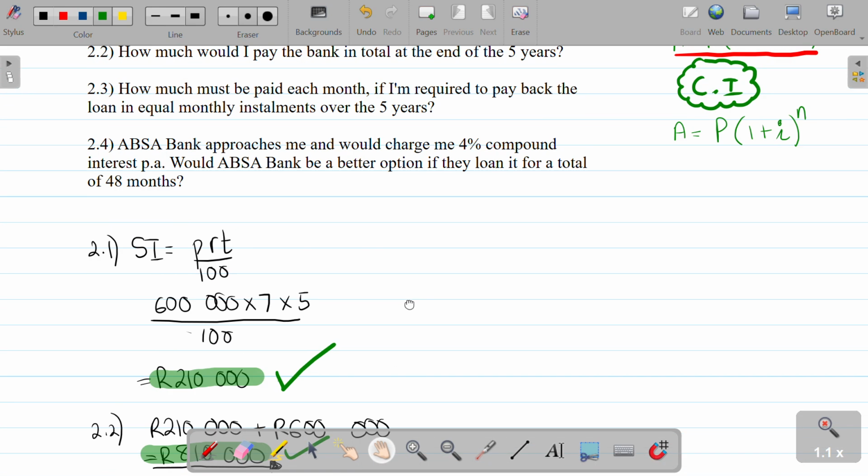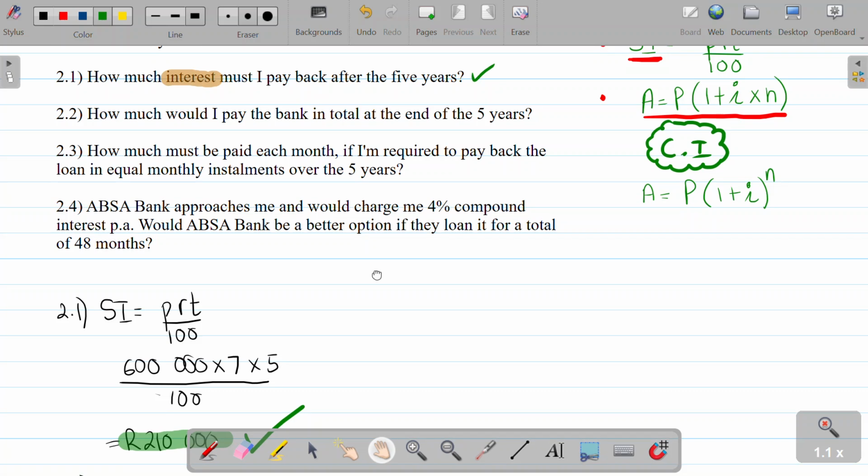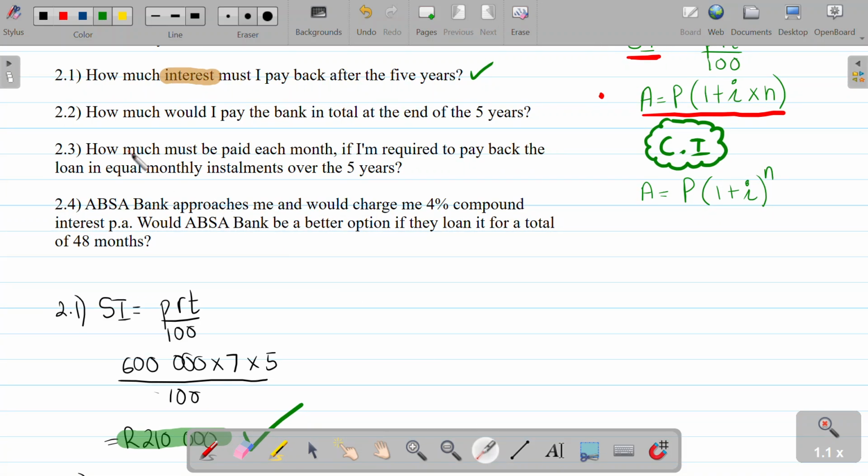All right, let's go ahead and read question 2.3. So it asks how much must be paid each month if I'm required to pay back the loan in equal monthly installments over the 5 years. So what do you think we should do here? The key thing here, guys, is they're asking us to pay back in equal monthly installments.